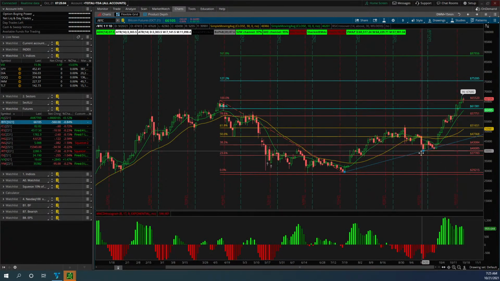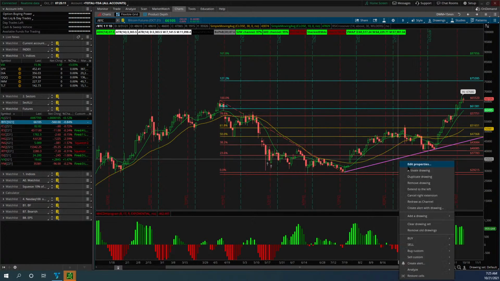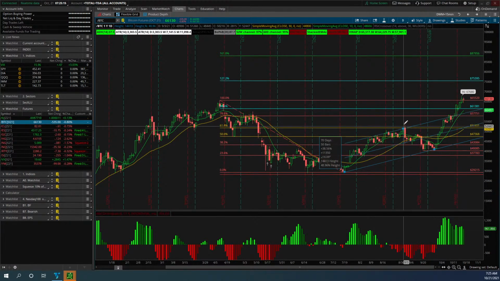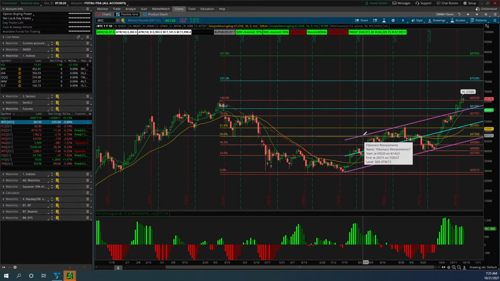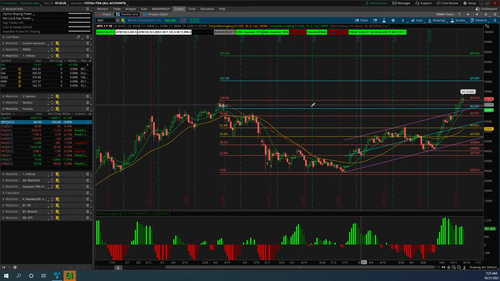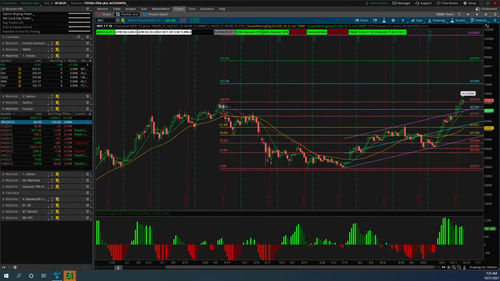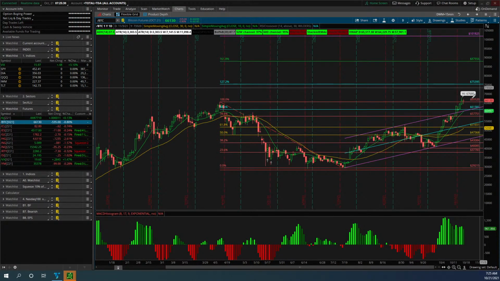Let's fix this real quick. I'm gonna put it right there, and then I'm gonna do a channel. It's way above the channel already, so it broke to the upside in this channel right here. So target 75 in the short term. It's going to be 75.395.